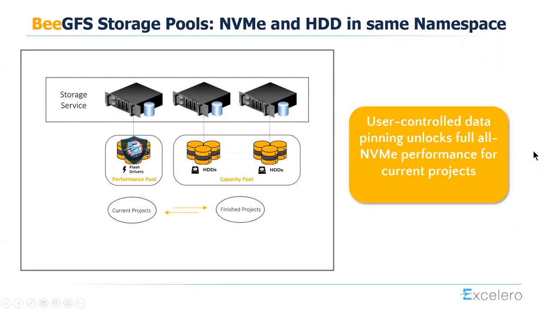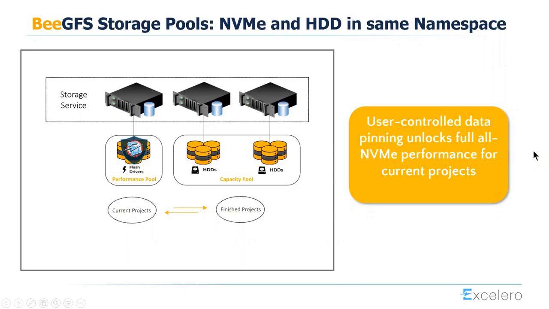But BeeGFS offers a feature that allows you to mix different types of storage inside the same namespace. So only one file system and one mount point. And this is called storage pools. Within your cluster, you have your servers. Each server has a certain number of targets. And you can group those targets into storage pools.